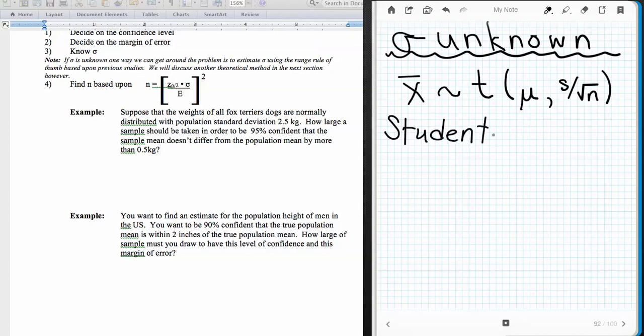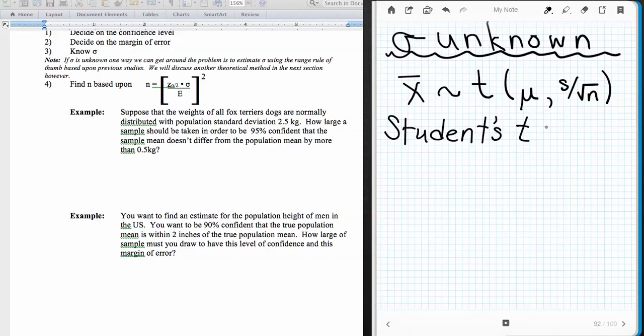Now, there's a lot of stories about this, but the person who came up with this distribution was a very well-known statistician, and he worked for Guinness Brewing Company. There's a lot of reasons why he may not have published his work. Some people say that he didn't publish under his original name because it was forbidden.